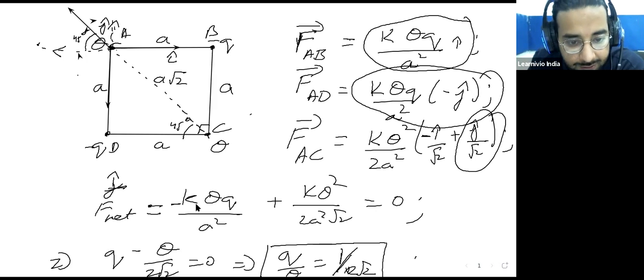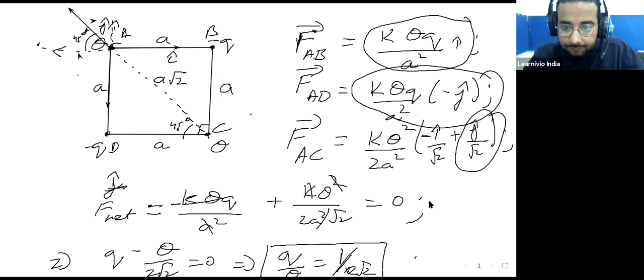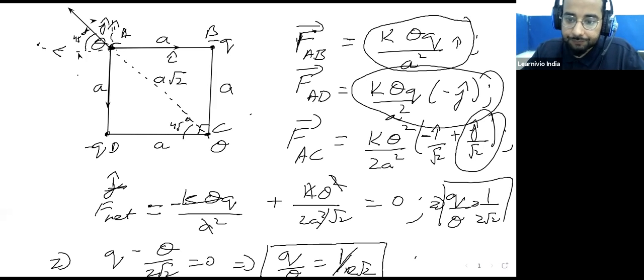Notice again, the KQs cancel out and the A squared cancels out, and you get exactly the same condition. It's again q over Q is equal to 1 over 2 root 2.